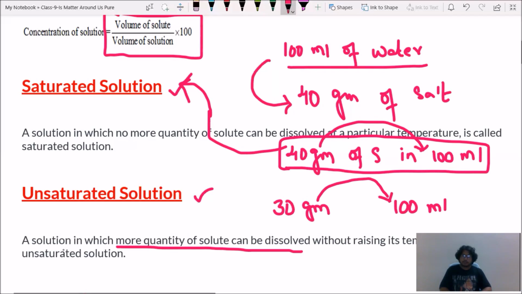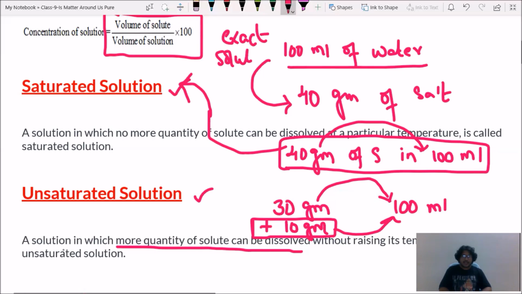This salt will be completely dissolved in that water, and an extra 10 grams also you can add. So if there is any possibility of adding some solute to the solvent, such types of solutions are known as unsaturated solutions.